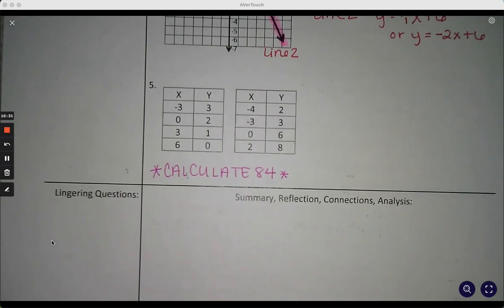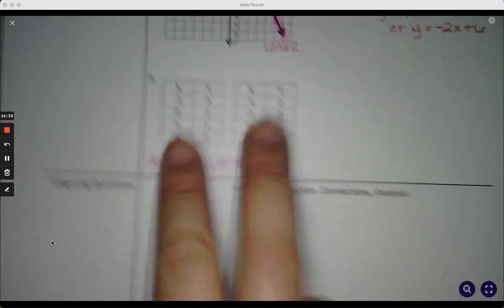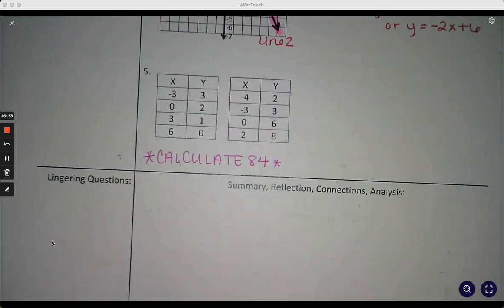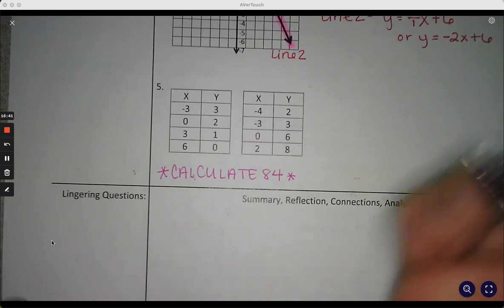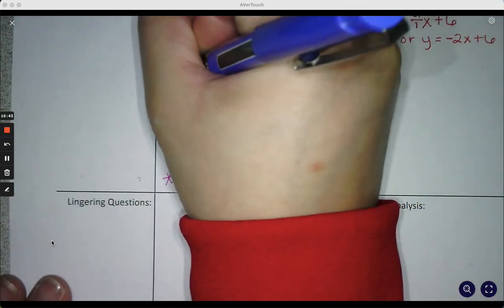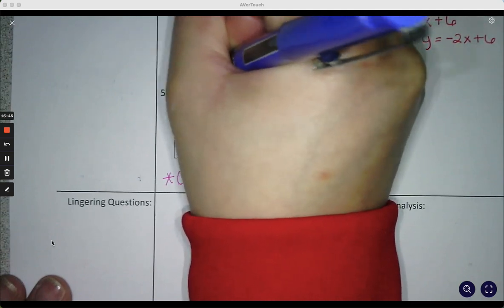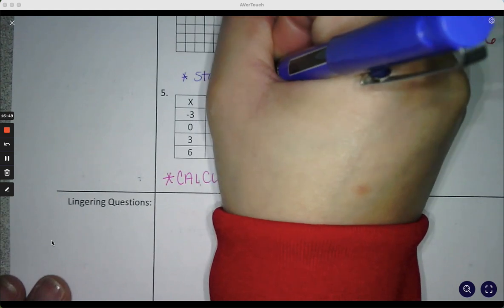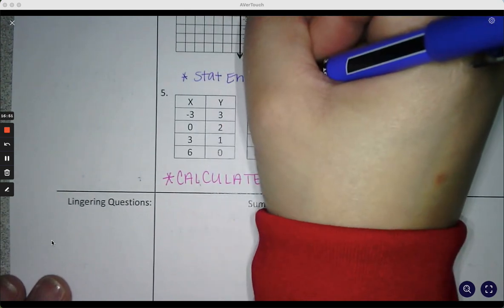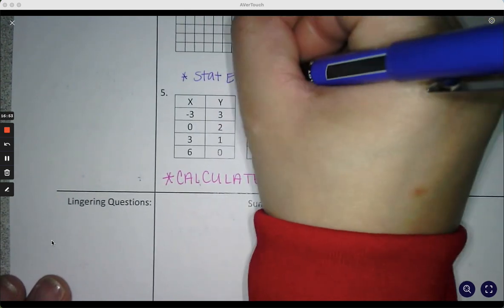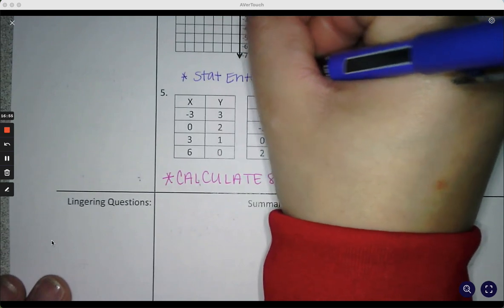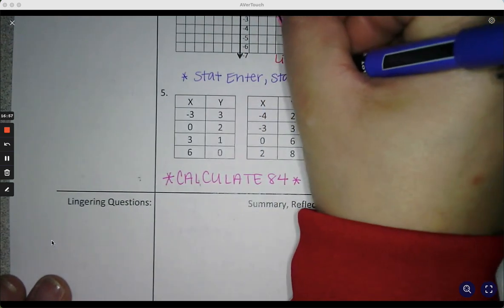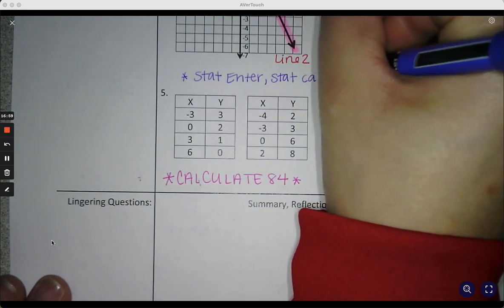So that is very helpful. Notice we're given two tables. The long way around this is to plot all the points, connect the dots, solve for y equals, or we can do stat, enter, stat, and then calc 4.